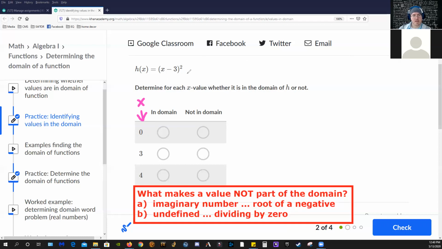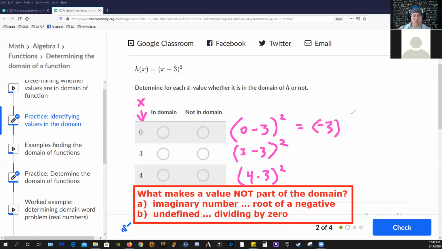But in this case, if we said 0 minus 3 to the second power, or if we said 3 minus 3 to the second power, or if we said 4 minus 3, I think they're all going to be okay, because this would be -3 squared, which is just 9.